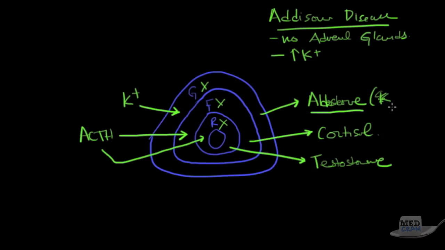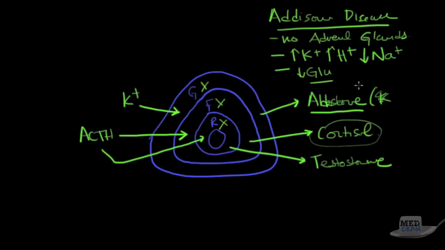What else does aldosterone do? It causes dumping of protons. So you would have a metabolic acidosis, because you're not going to be able to dump that. And you're also not going to be able to reabsorb sodium, so your sodium would be low. What else would you see? Your cortisol is not going to be working, so you're going to see decreased glucose, especially in stressful situations where you need glucose for fight or flight.